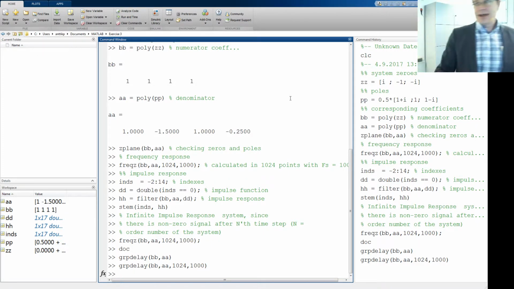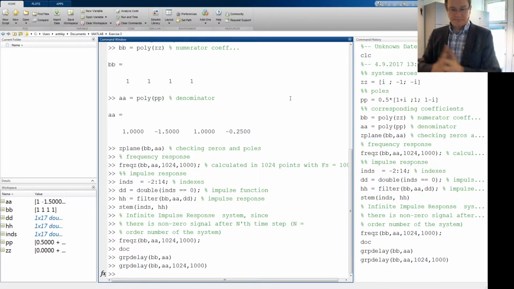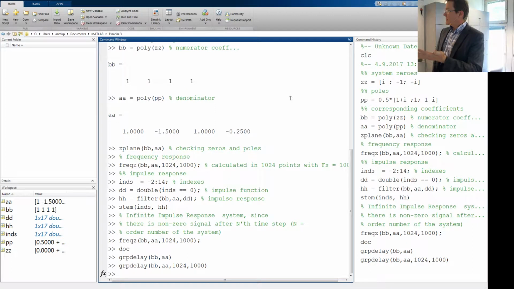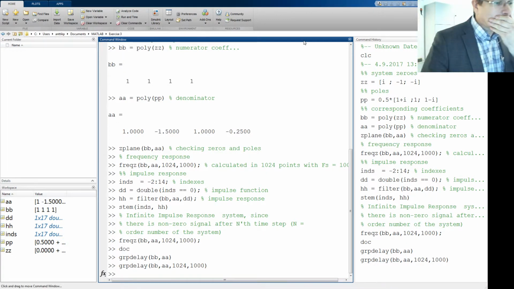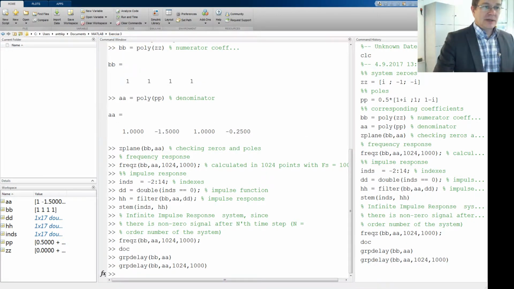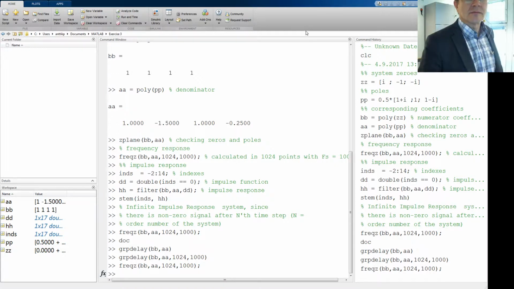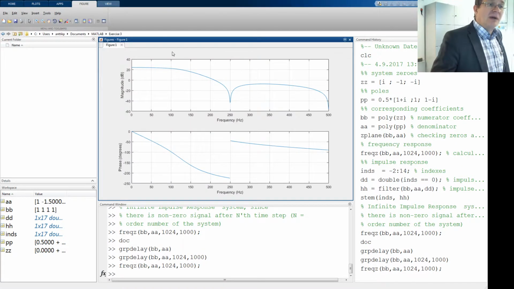Okay, so group delay. Frequency response, amplitude response, group delay. Now we need to scale the filter, since we still have the problem. I want this one to be at 0 dB.